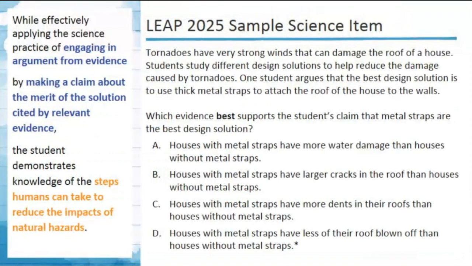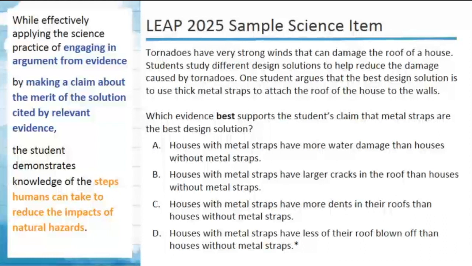So then what we have now is a new item. It's still talking about weather and climate, but if you'll notice, we are putting a lot more information out there for the student to look at, and we're asking them to engage in the practice of argument and making a claim, and then they have to demonstrate the knowledge that humans can take to reduce the impacts of natural hazards.